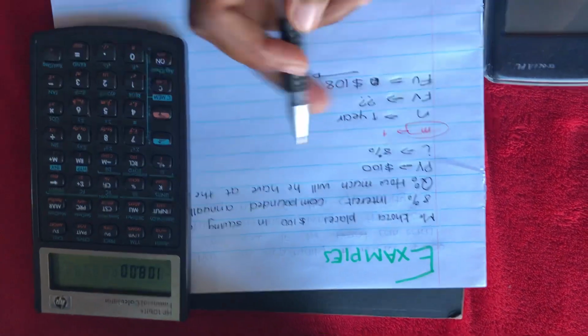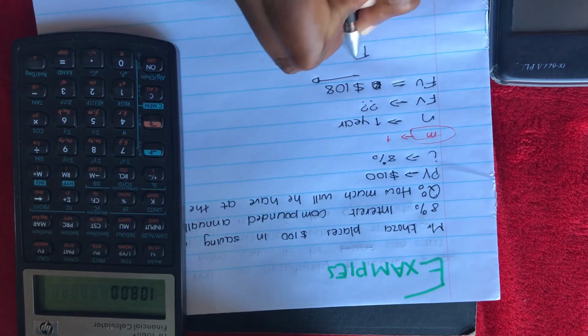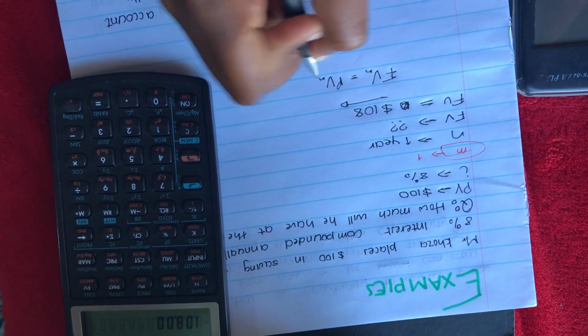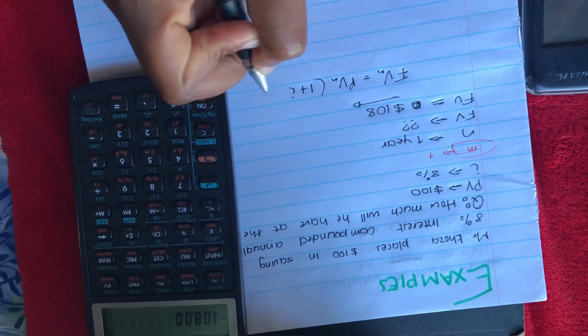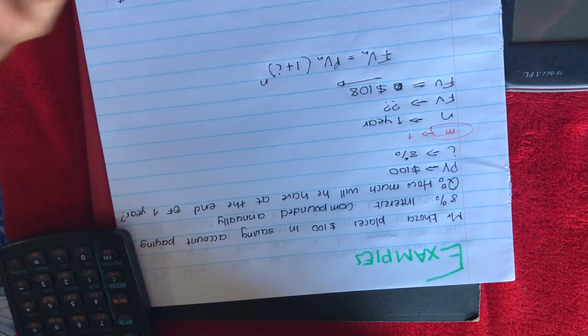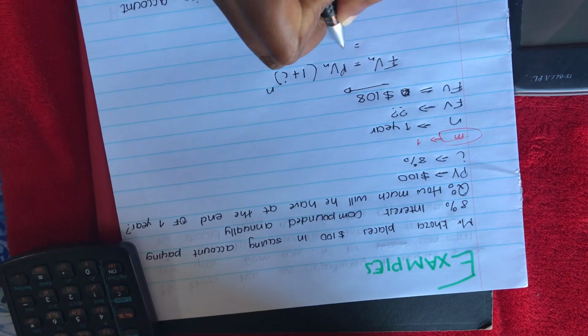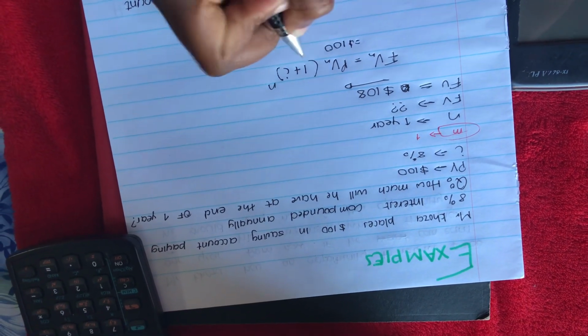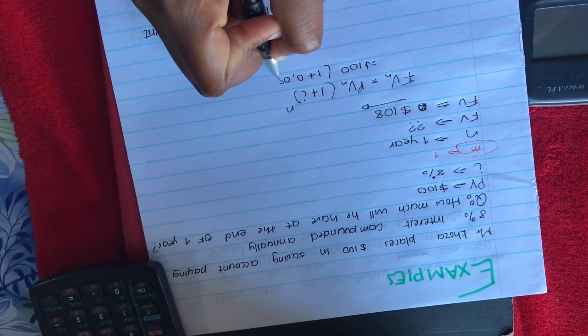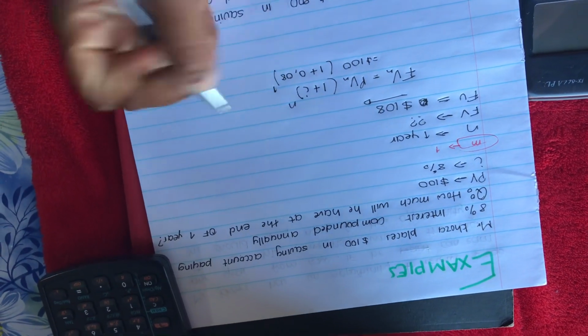In the calculation, if we are using a formula, we are going to say future value FV_N equals PV times (1 plus interest) to the power N, because it's compounded, so it's a compound formula. So we are going to say $100, which is our present value, times 1 plus 0.08, which is our interest, to the power 1.